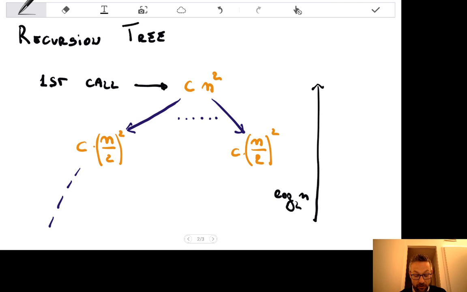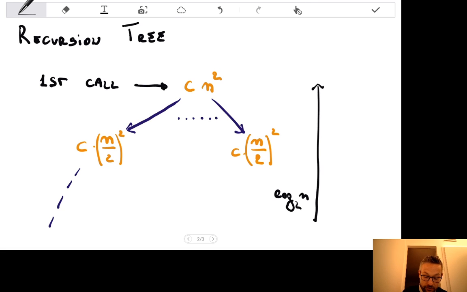We know which collects basically all the costs for the sums in all the process of computing the matrix multiplication A by B. And so now we can evaluate the overall cost of our algorithm simply by summing up all the elements in the tree.